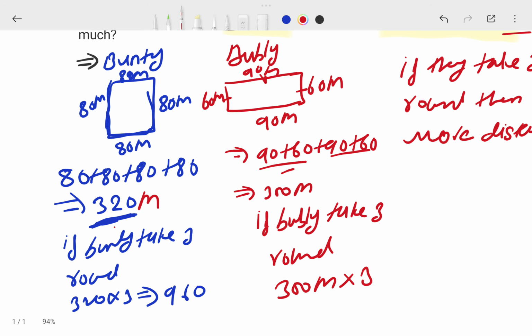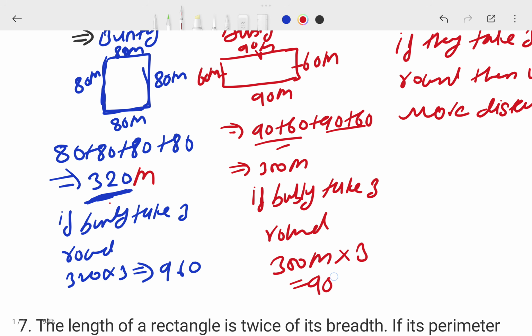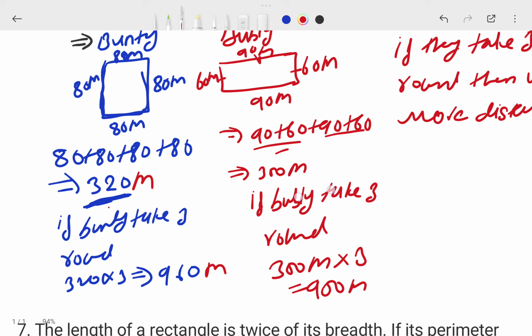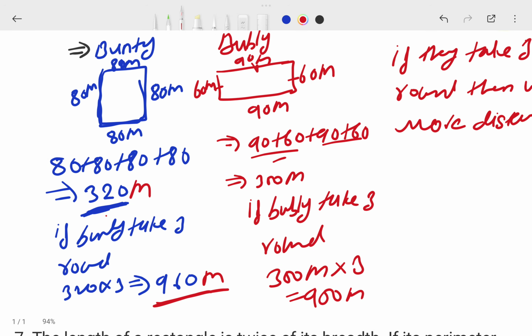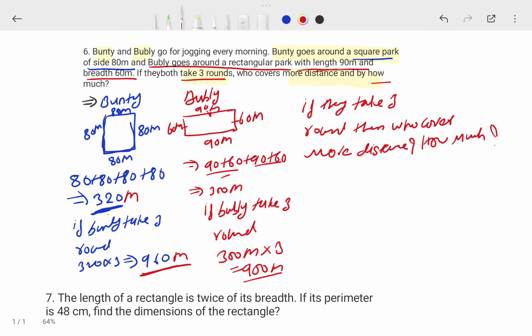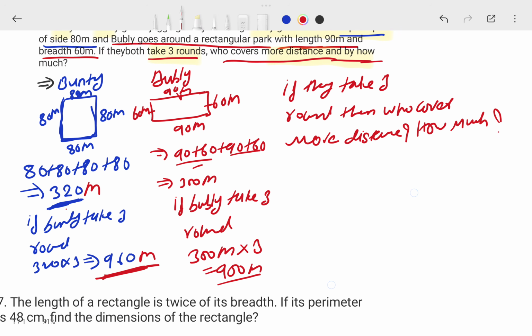If they take 3 times, then it's going to be 900 meters. So Bunty is covering 960 meters and Bubbly is covering 900 meters. Then the question is telling, who covers more distance and how much? Here 960, Bunty is covering more distance.